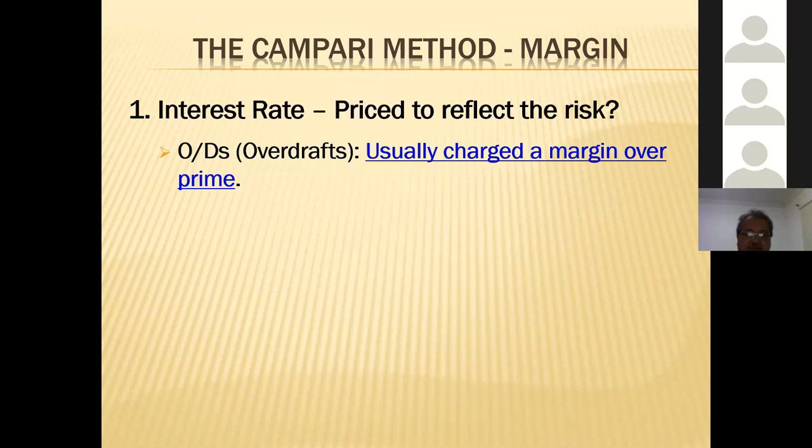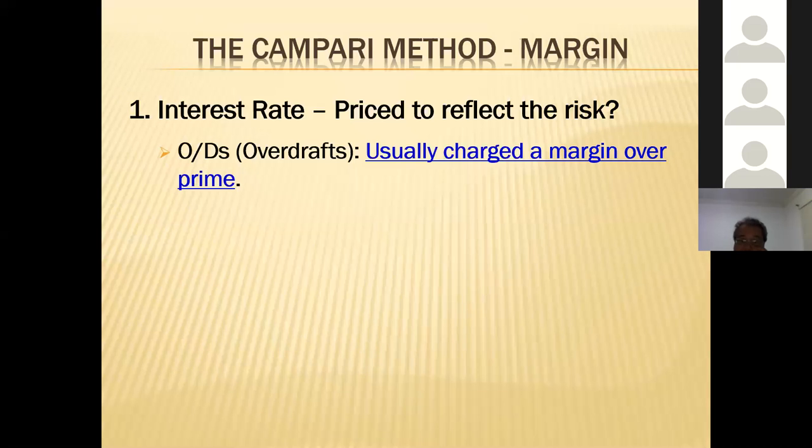So if the prime interest rate is 4.25 or 4.5, and a bank wants to make, say, 10.25% on overdrafts, then looking at a prime rate of 4.25, we subtract that from the 10.25, and so we know that we would have to add 6 more points.